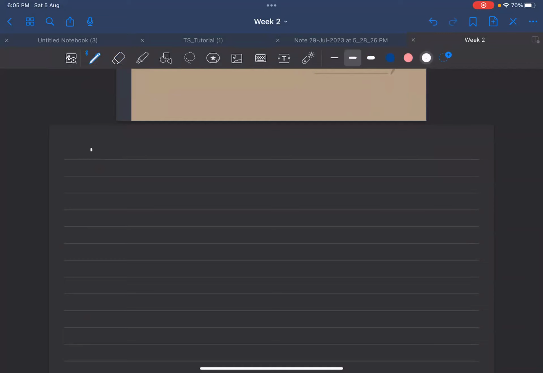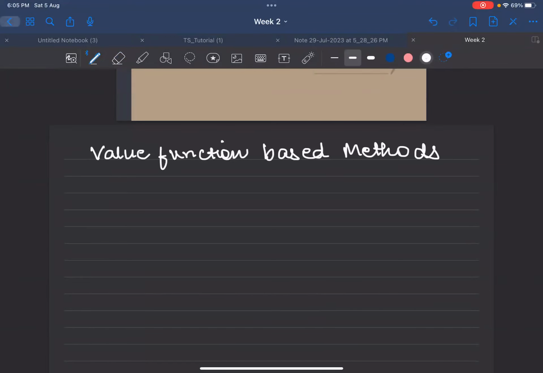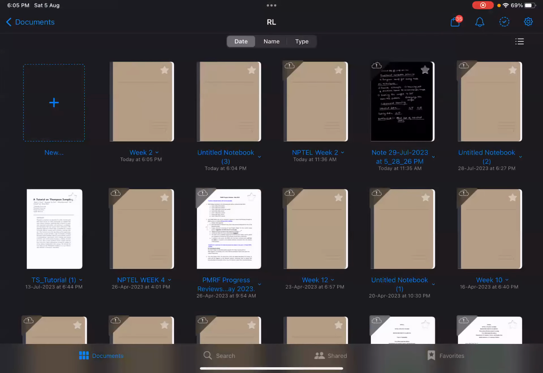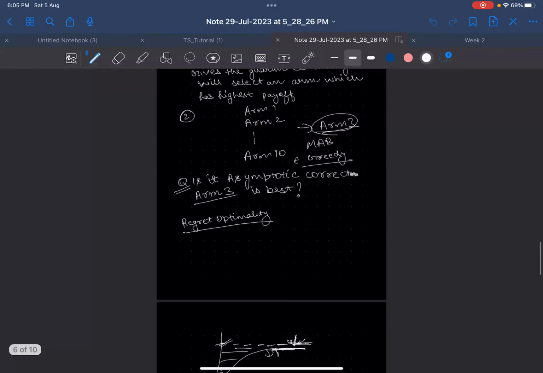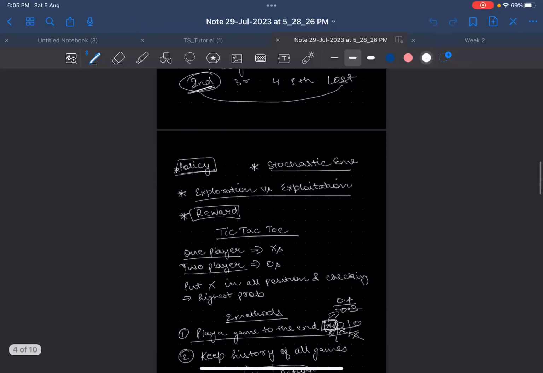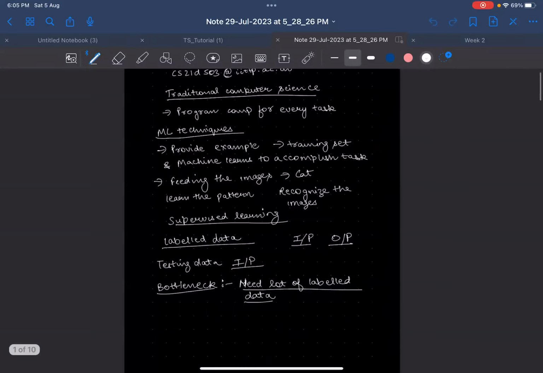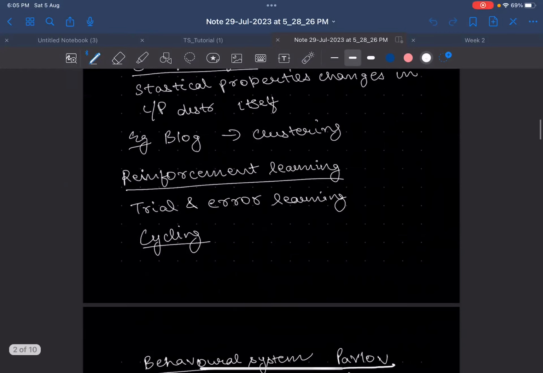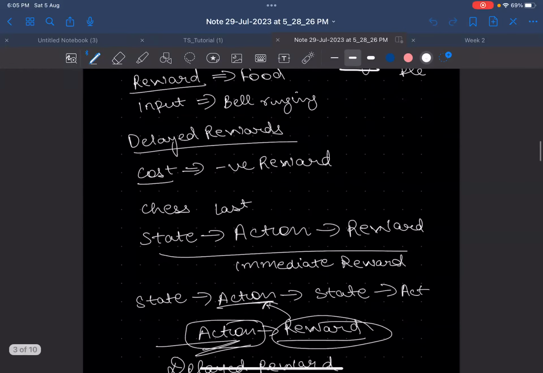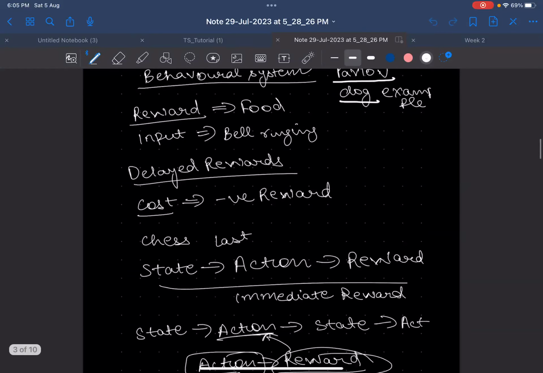So now we'll go to value function based methods. Last class, any doubts? I'll again ask. What we did last class, just a two-minute glance: what is ML? That was the basic thing, supervised, unsupervised learning, what is reinforcement learning? Then how reinforcement learning was inspired by the behavioral system, like the Pavlov dog example.